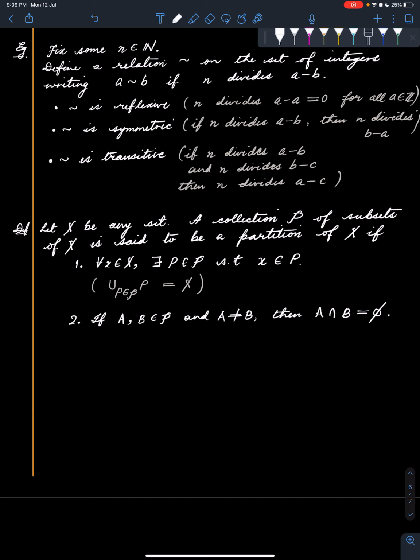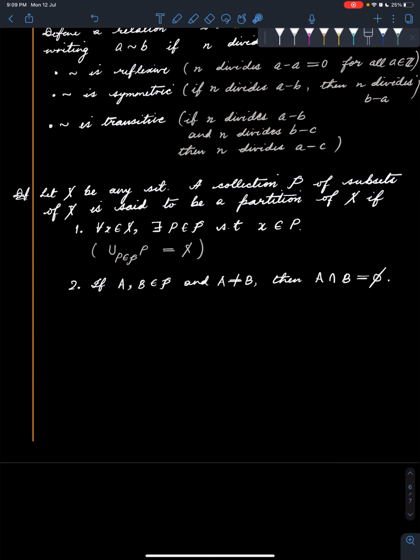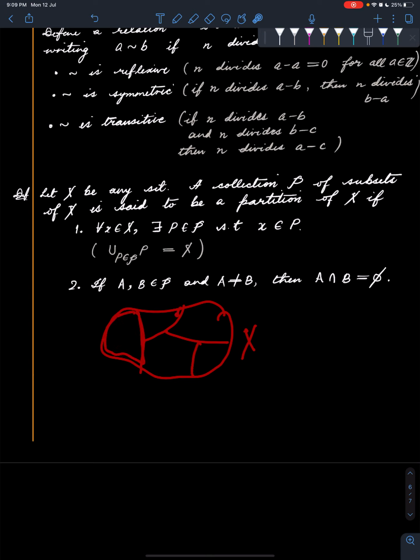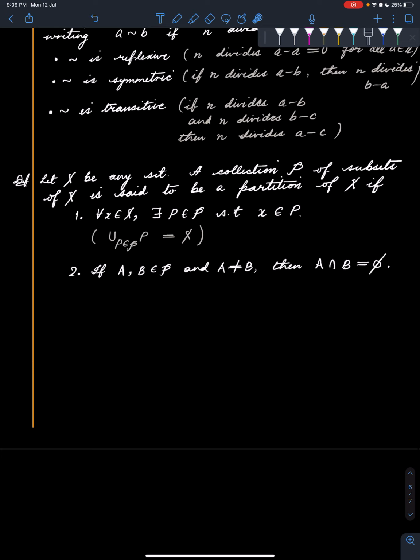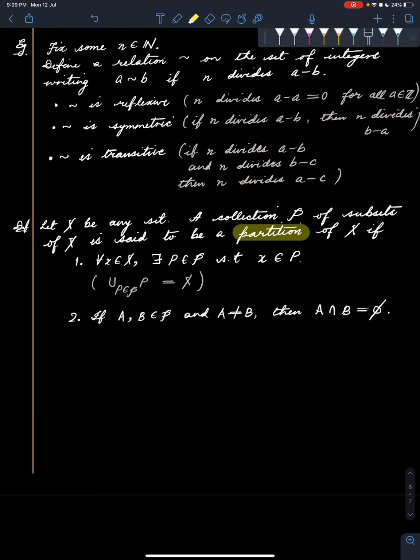So the elements of p cover X and the elements of p do not overlap. So pictorially, if this is X, the elements of p basically look like this. You've broken X into pieces such that the pieces do not intermingle. Right, so that's what a partition is, and that's a very nicely chosen terminology.